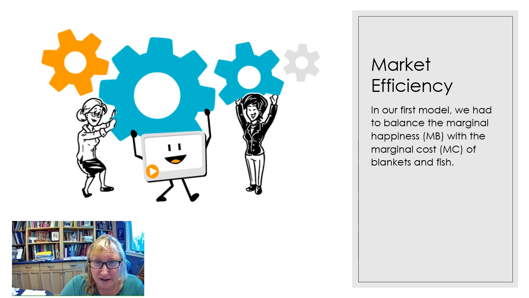Now, market efficiency, we talked about originally. Remember, we talked about allocative and productive efficiency when we talked about the production possibilities frontier. Productive efficiency is when we produce everything efficiently, using our resources as best as we can. And allocative efficiency is when we are productively efficient and we're making sure that marginal benefit and marginal cost are equal.